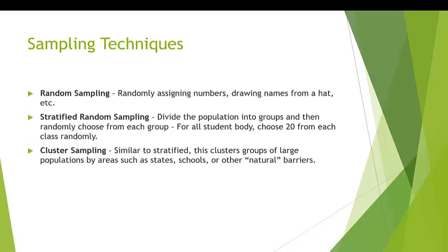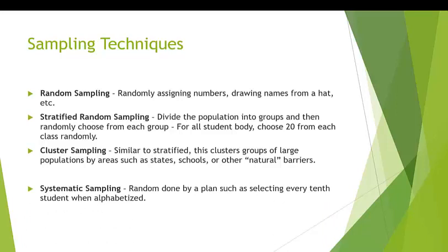So if we were to pick Tulsa Public that has 8 or 9 high schools, we might do a cluster sampling and say we're going to choose students from each school to represent the total student body in all the high schools in Tulsa Public. That would be a cluster sampling because you're stratifying around specific natural barriers, and that's the key there.